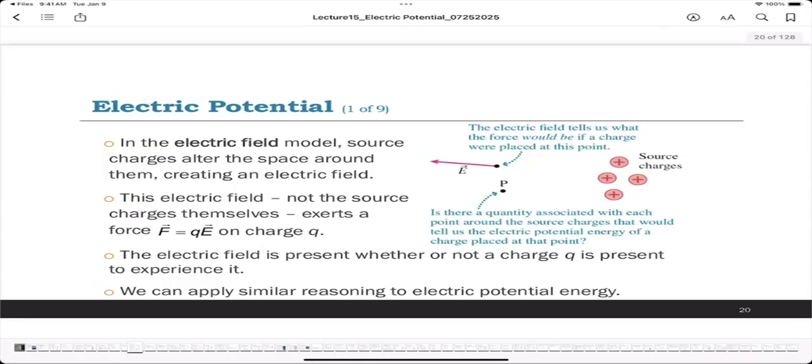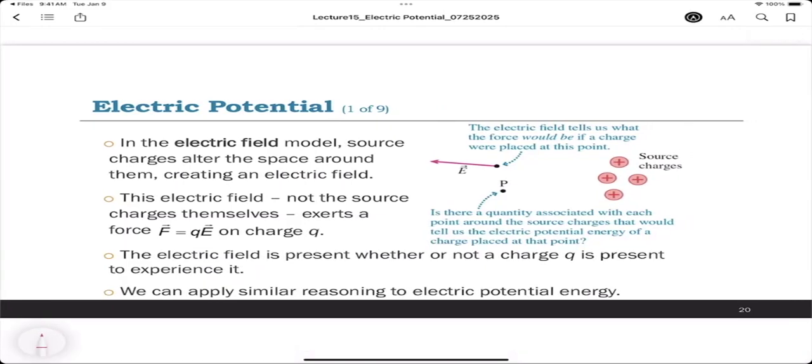In the electric field model, source charges alter the space around them, creating an electric field.